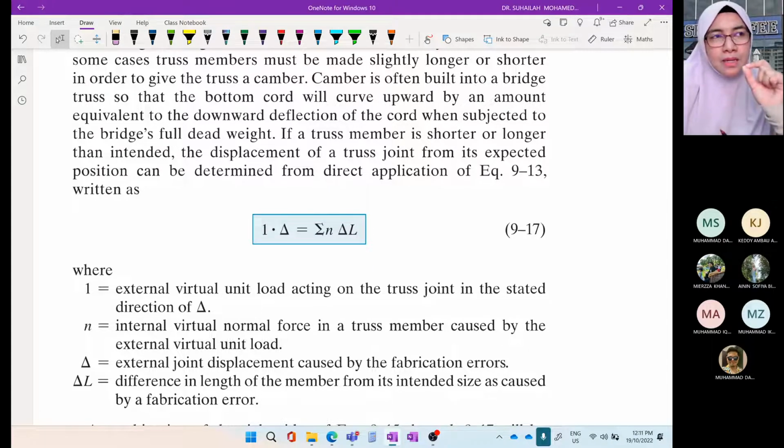Sebab 10% only element flexibility method. Tapi 90% lagi adalah how you analyze determinate structure, how you write moment equation, how you determine member forces, how you calculate displacement considering temperature changes, considering fabrication error, considering loading, semua tu ada dekat sini.